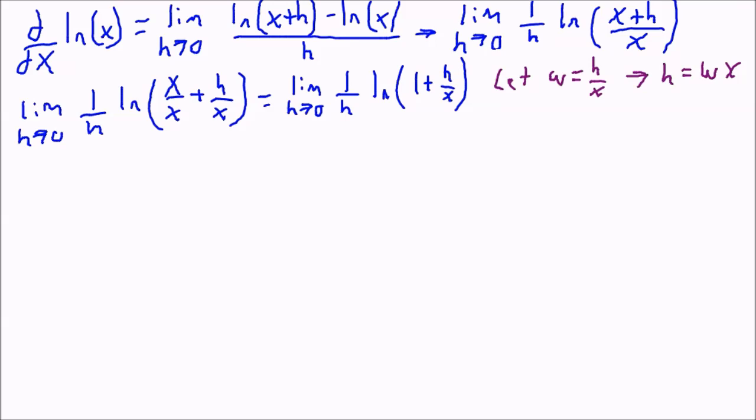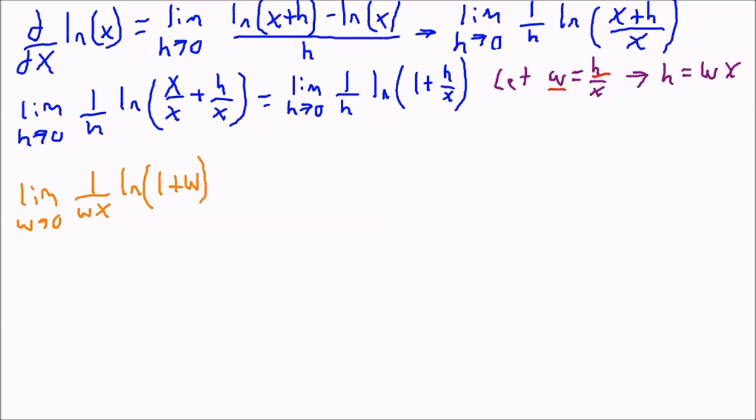One thing we're going to notice from this substitution is that when h is approaching 0, w is also going to approach 0. So I can write this limit as the limit of w approaching 0 of, instead of 1 over h, now I have 1 over wx times the natural log of 1 plus w.